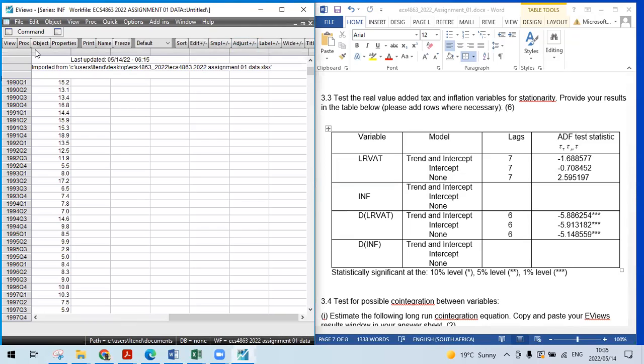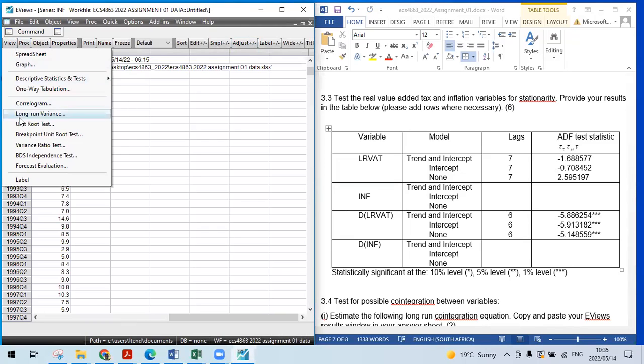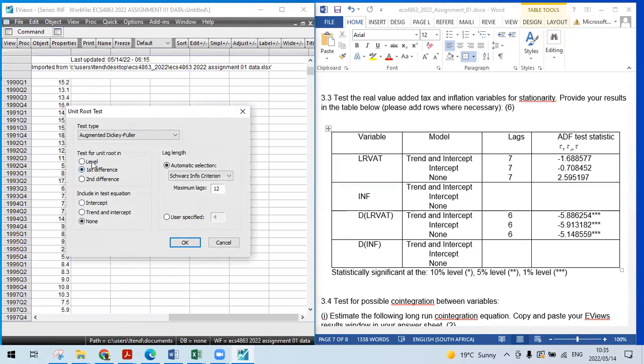We want to test for stationarity. Just go to view, you go to unit root test. You are in level. We start with trend and intercept. I hope you are seeing where I am. So we click OK.